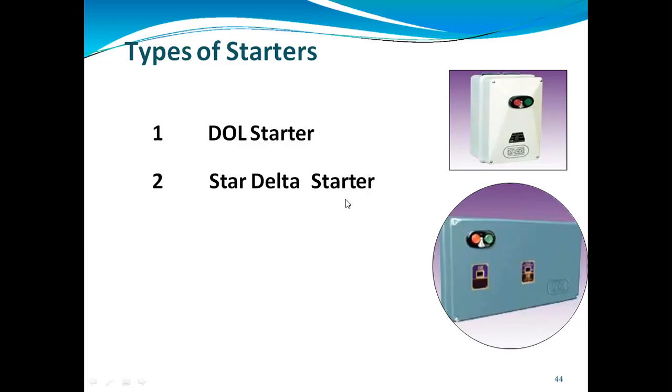We will see one by one. But in our syllabus, out of the four, we are supposed to study the direct online starter and the star delta starter. That's why I have given only two names here.